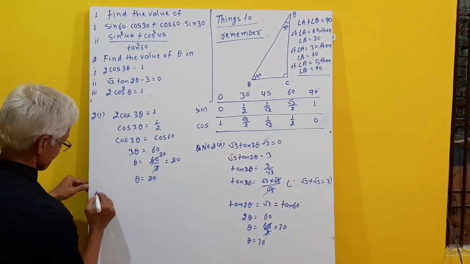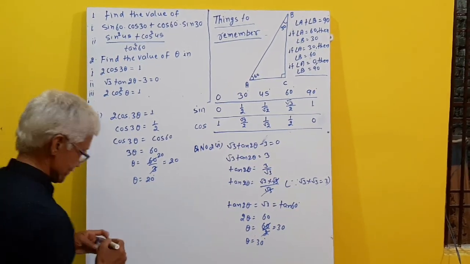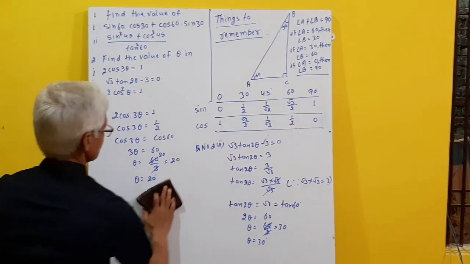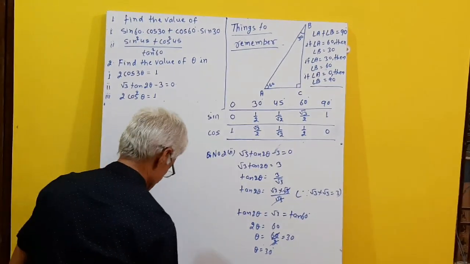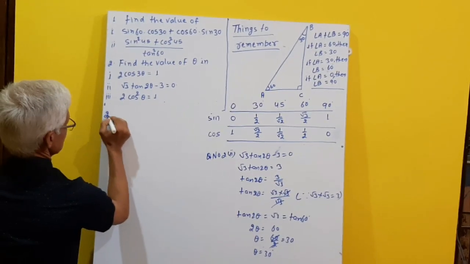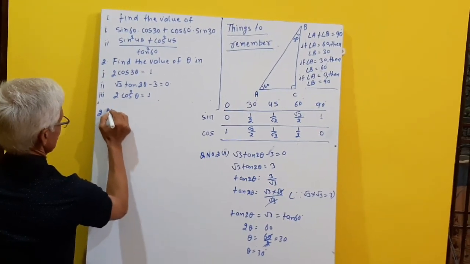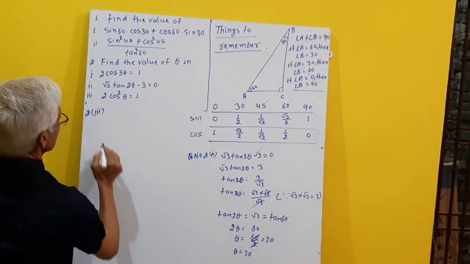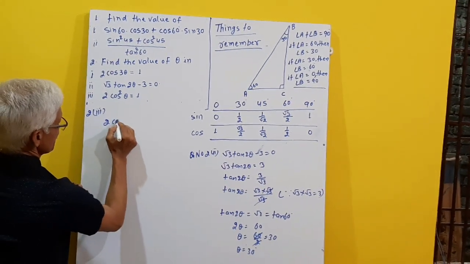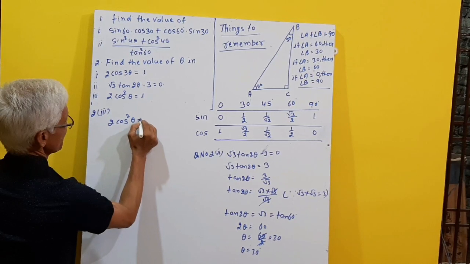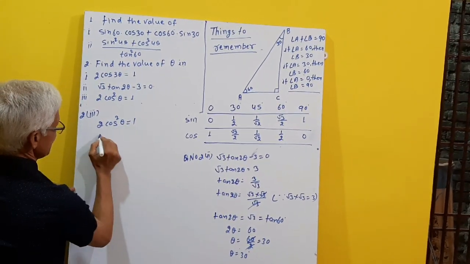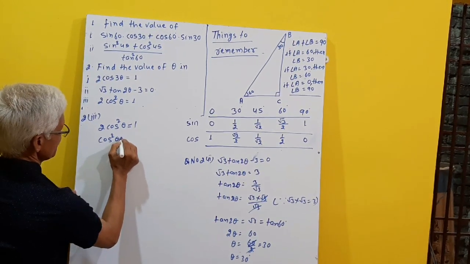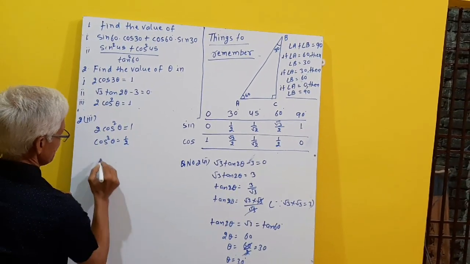Question number 3: 2 cos square theta minus 1 is equal to 1. Then cos square theta is equal to 1 by 2.